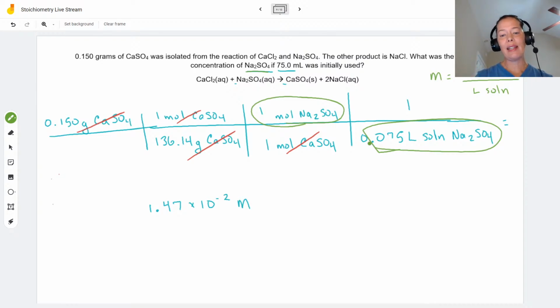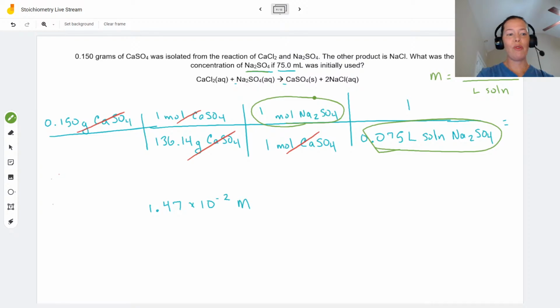But in this case, because I have molarity, I actually need to keep 2 units. It needs to be moles per liter. So that's why I have moles of sodium sulfate over liters of solution. And again, the solution is also sodium sulfate. So it's really important that your units are matching with what your answer is going to be.